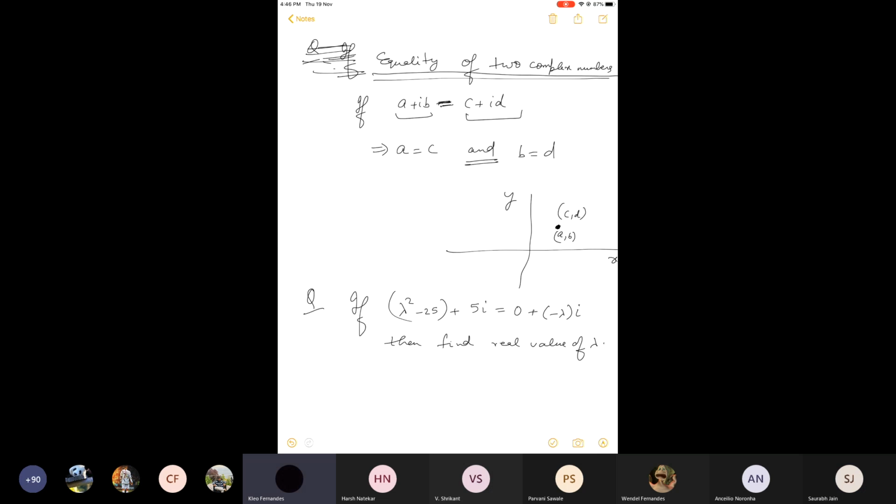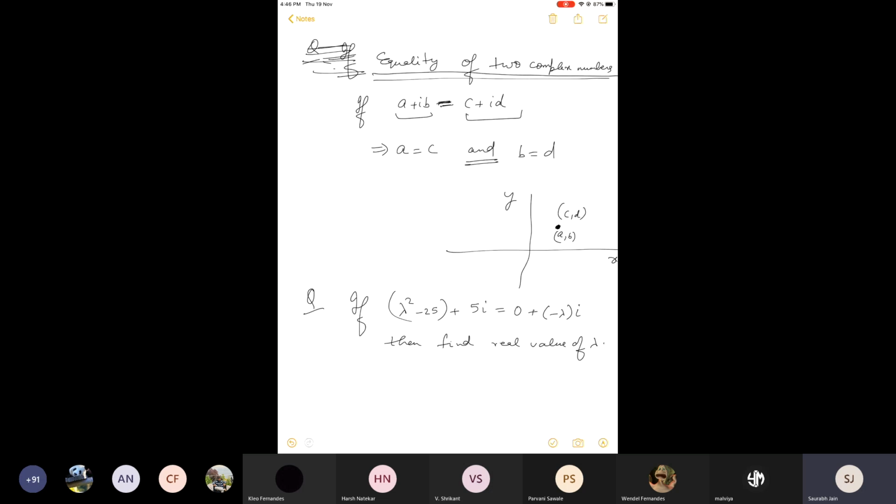So is it 5? No, 5 is not correct. Minus 5 is correct. See why minus 5 will be correct.